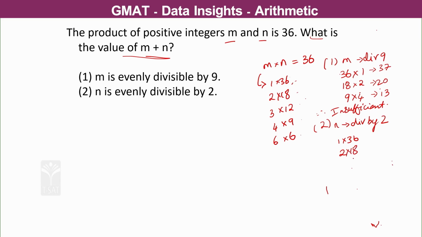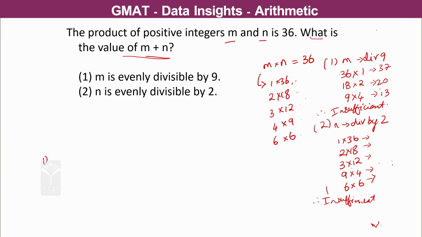Is 12 divisible by 2? 12 is divisible, so 3 into 12 is also possible. Is 4 divisible by 2? So you can have 9 into 4 as an option, and 6 is also divisible by 2, so 6 into 6 is also possible. So almost all combinations have an n which is divisible by 2. Therefore this is also insufficient to answer the question of what is m plus n.